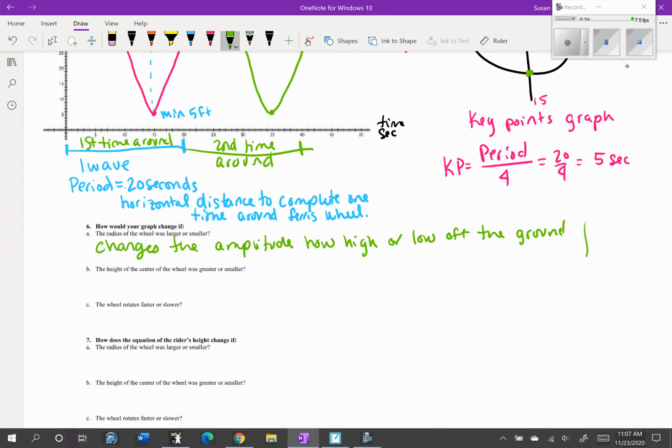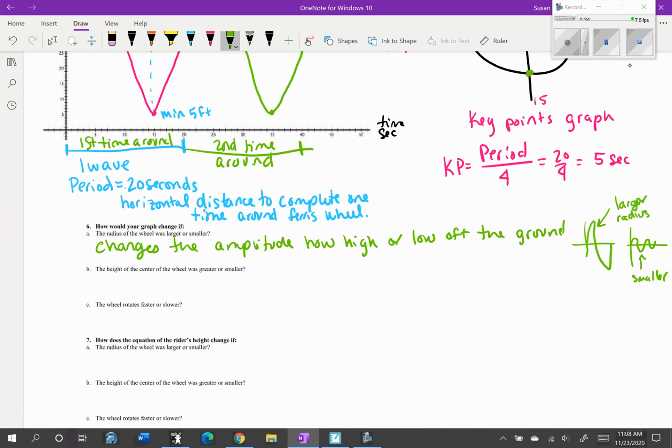So if it was a larger height, maybe something like this, and we could have a smaller height, maybe something like that. So that would be a larger radius, and this would be smaller.